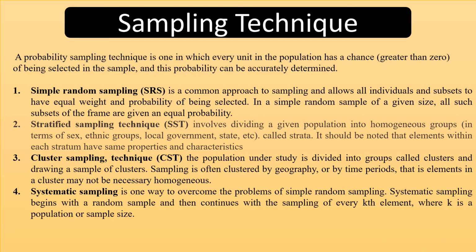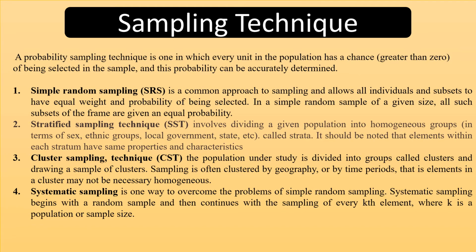We have the systematic sampling. And systematic sampling is one to overcome the problem of simple random sampling. Systematic involves you have to start by random sampling. Then you continue with the sampling of every kth element, where k is the population or the sample size.